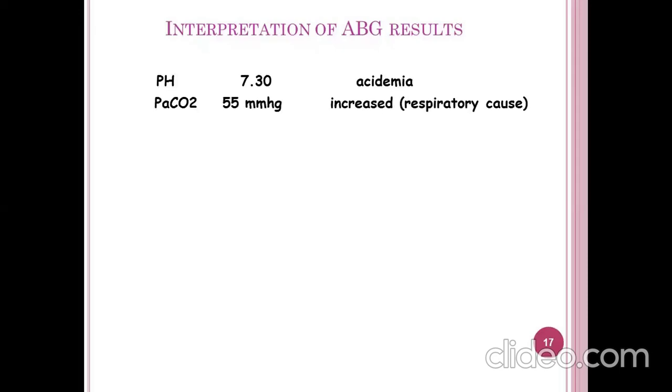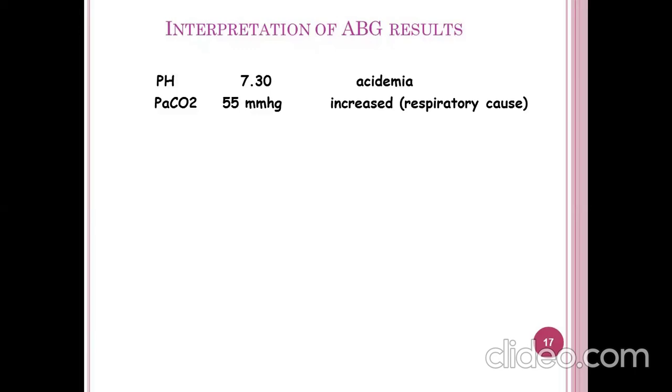So, coming to the interpretation of ABG results: if the pH is below 7.4, it is acidemia. If the partial pressure of carbon dioxide is 55 mmHg, the partial pressure of carbon dioxide is increased.